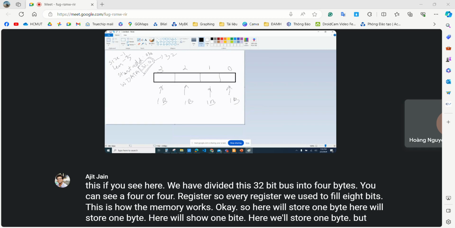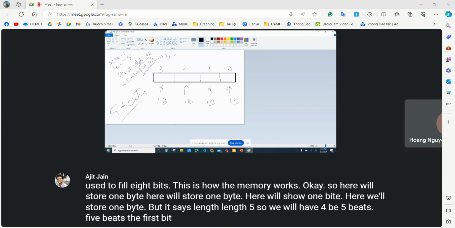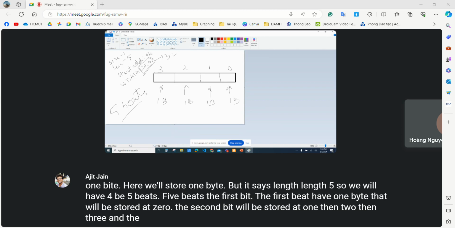But it says length 5, so we'll have 5 beats. The first beat has 1 byte stored at address 0. The second beat is stored at 1, then 2, then 3, and these 4 bytes are now completed.